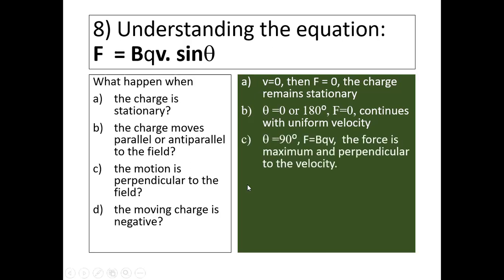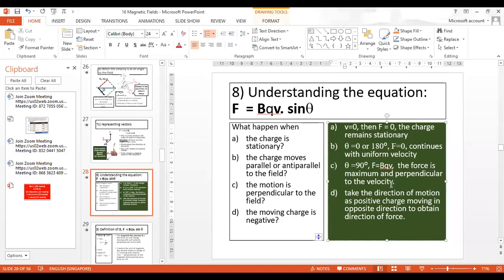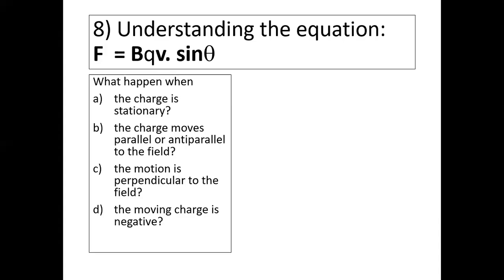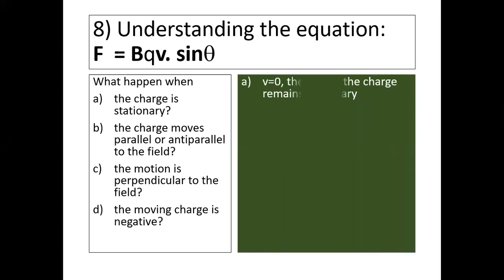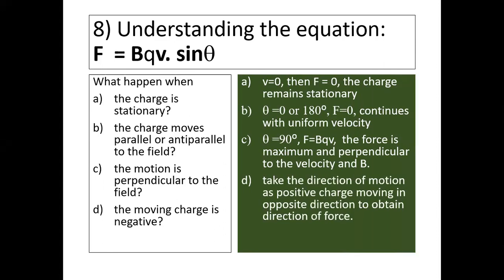You get a maximum force, and the force is perpendicular to the velocity and B. Fleming's left-hand rule. What happens if it's a moving negative charge? The force is in the opposite direction. You just treat it as a current moving in the opposite direction, and then apply Fleming's left-hand rule.